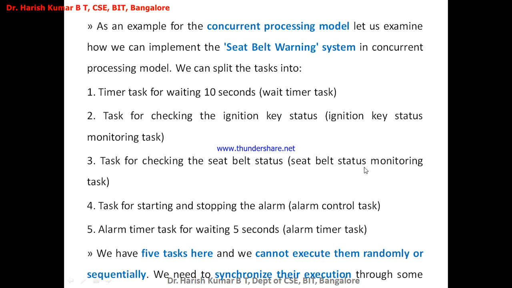And then the seat belt status monitoring task, alarm control task, alarm timer task. There are 5 tasks. The seat belt warning system is now divided into 5 subtasks like this, and we cannot execute them randomly or sequentially. What we are going to do is execute them concurrently by synchronizing their execution.